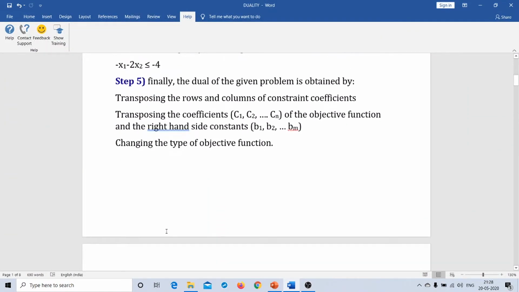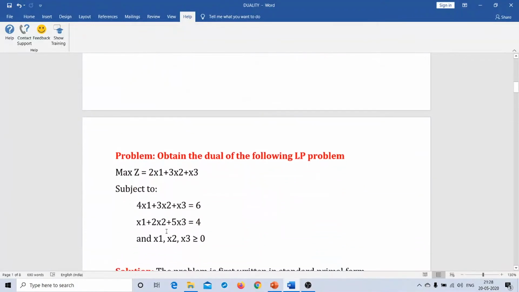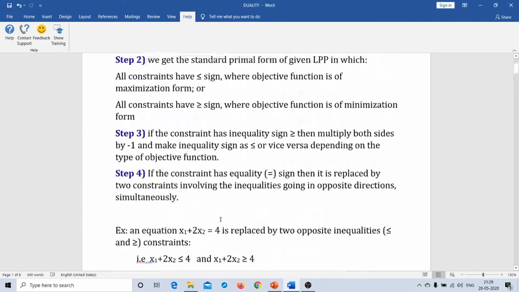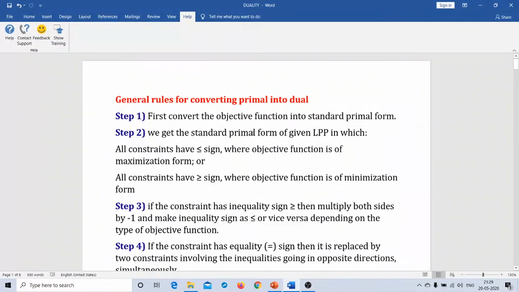Okay, so let us proceed in solving the problem. The first problem is in front of you. It says, obtain the dual of the following LP problem. I have the objective function as maximization and I have two constraints, but both the constraints are of equal to sign, right? So the first step says you should convert the objective function into standard primal form.